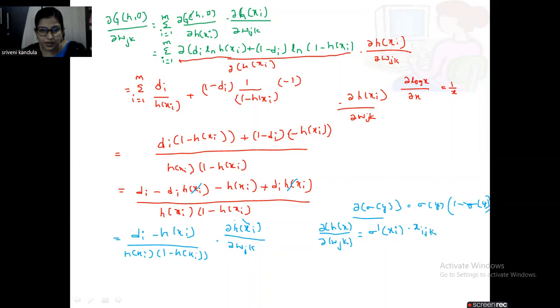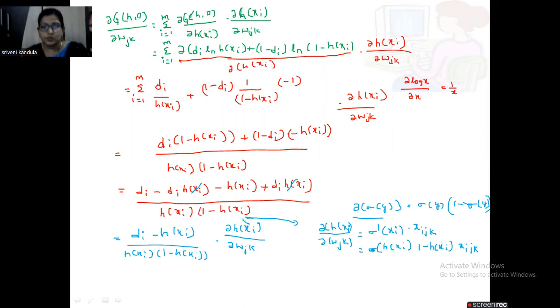Okay, so I can rewrite this whole part like this. In place of this, I can use this formula, taking h(xi) into account. So I can rewrite this as h(xi) multiplied with 1 minus h(xi), multiplied with xijk.